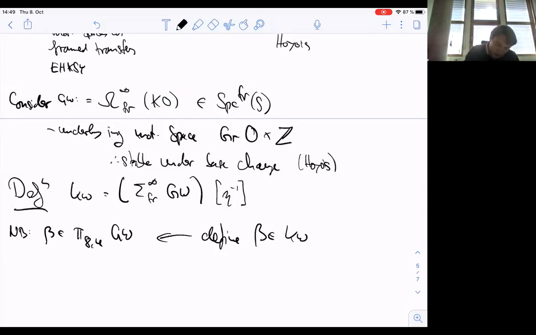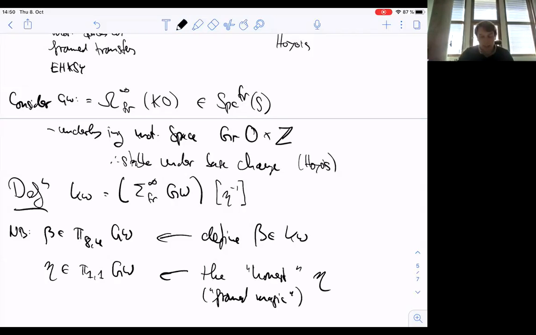And on the other hand, there's also eta in pi 1,1 of GW, again simply because there's an eta in pi 1,1 of KO. But of course, there's already an eta in pi 1,1 of kW because eta comes from the sphere, right? But this is the same. So this is the honest eta. So that's not obvious, and let me just call this framed magic.